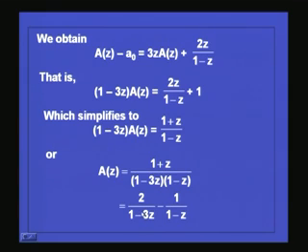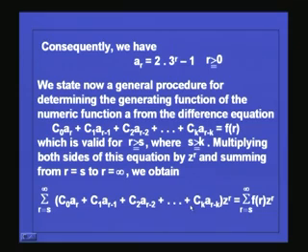So, the general term here will be 3 power r z power r. Similarly, here if you expand, it is 1 plus z square etc. So, the general term is z power r for this. Consequently, you get ar is equal to 2 into 3 power r minus 1.